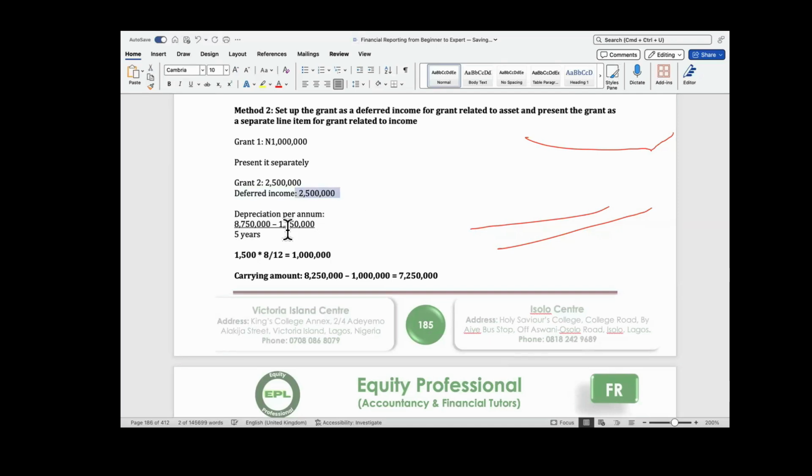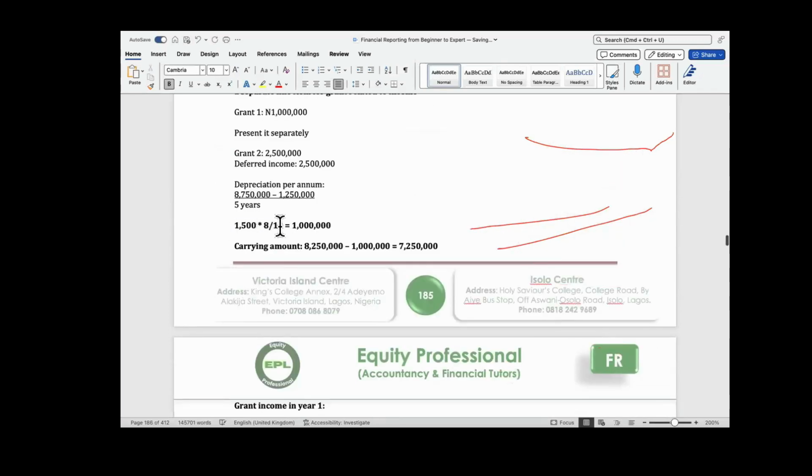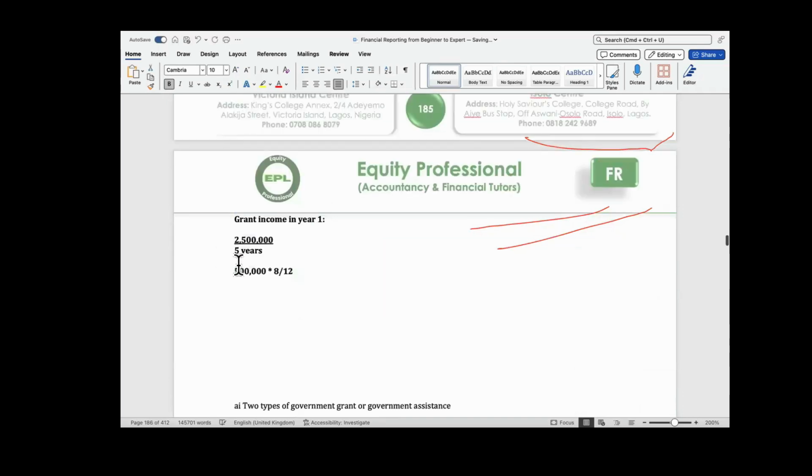Somebody said 500, but where the person got it wrong is that you need to prorate this one too. The same way you prorated the depreciation for year 1, you have to prorate this one too. So how much will it then come to now? 333,333 naira. Good.